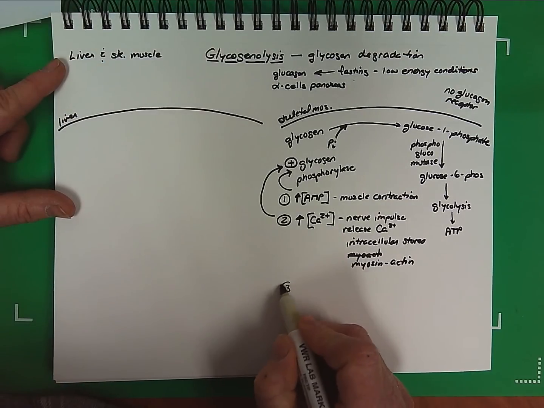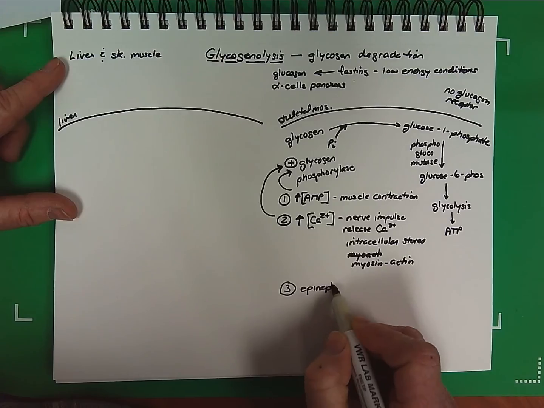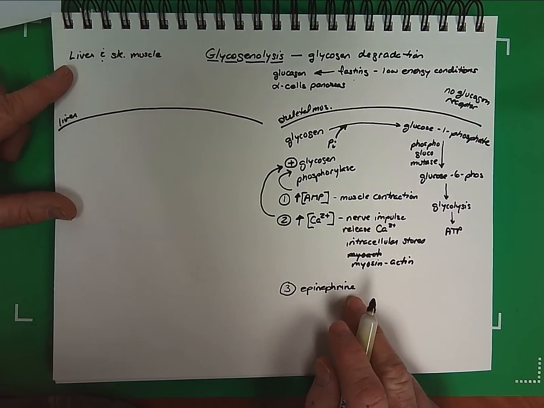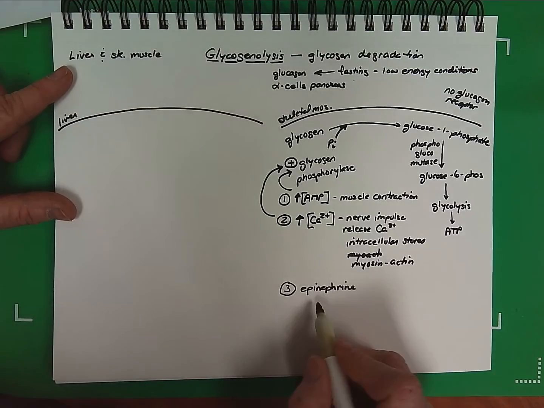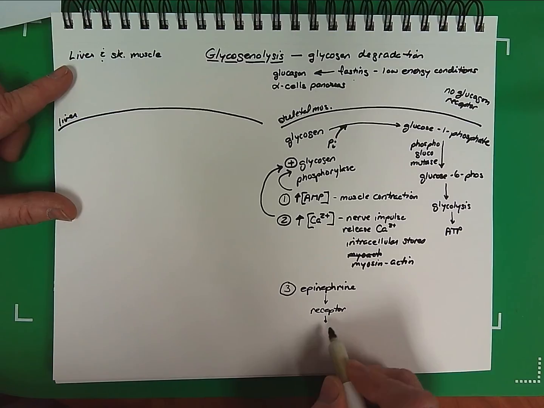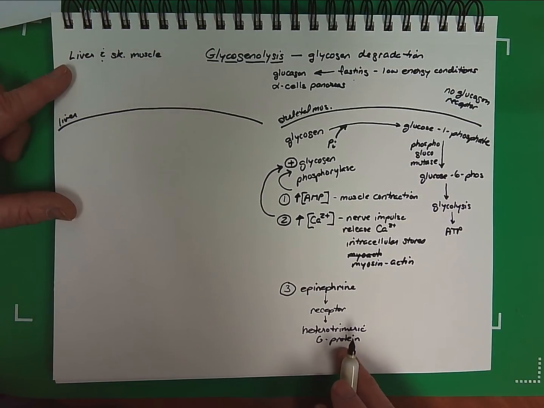Now the third method is another endocrine method. And this is by the small hormone called epinephrine. Old term for this is adrenaline. What epinephrine is going to do is bind to its receptor, and much like the glucagon receptor, it is going to activate the heterotrimeric G protein. Recall this is the activation of G alpha, dissociation from the beta and gamma subunits.